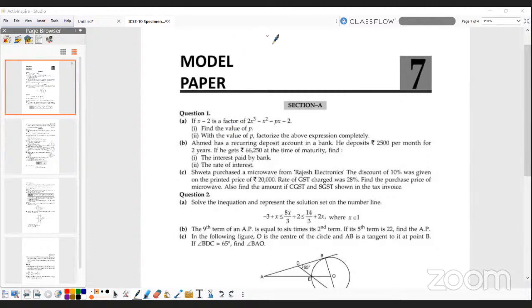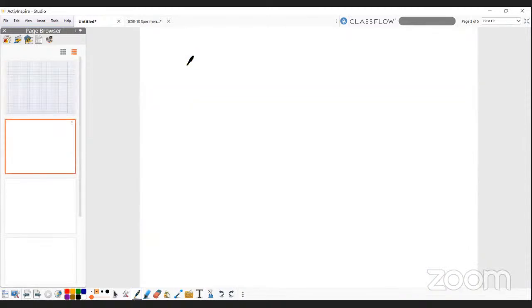So since x minus 2 is a factor, let's take the expression as f(x) equal to 2x cube minus x square minus px minus 2.